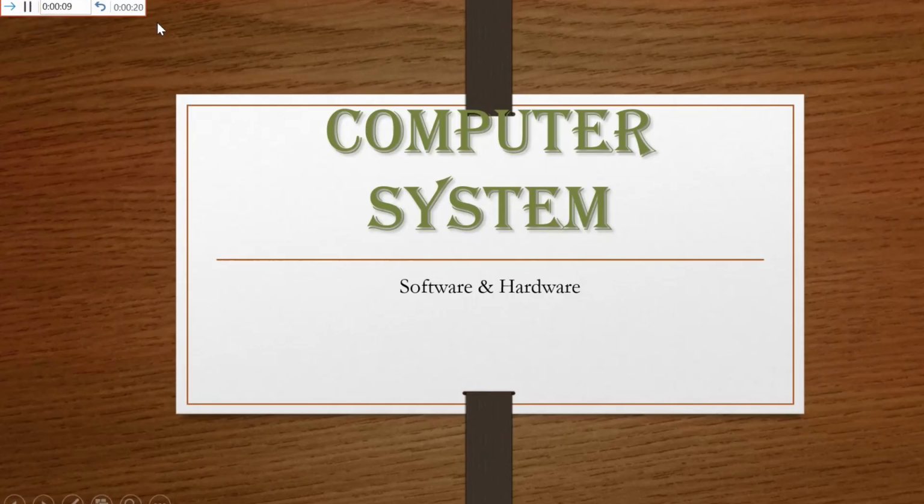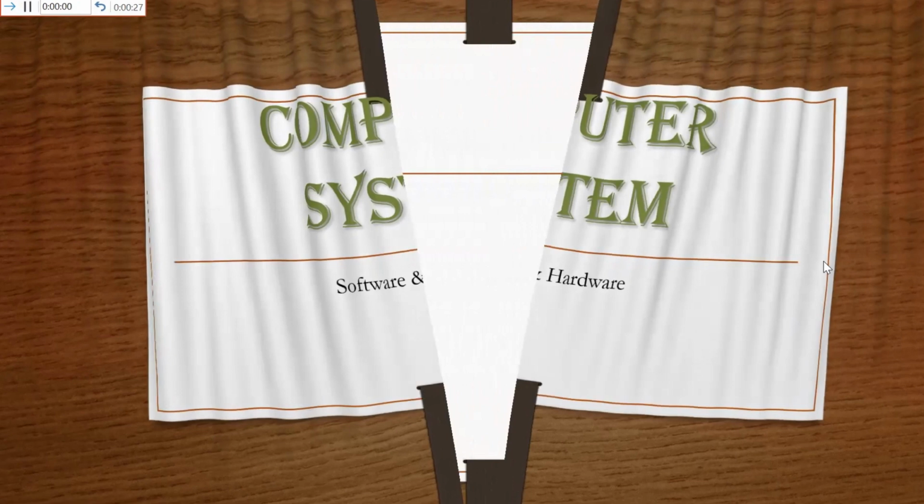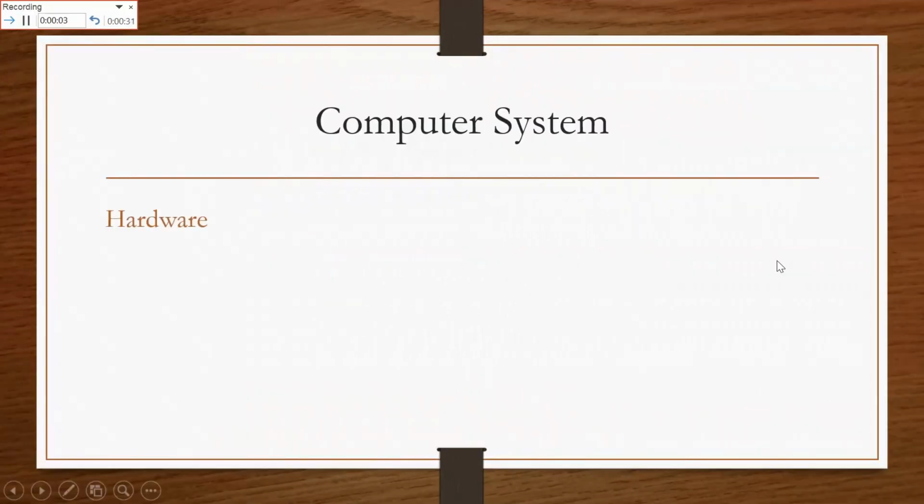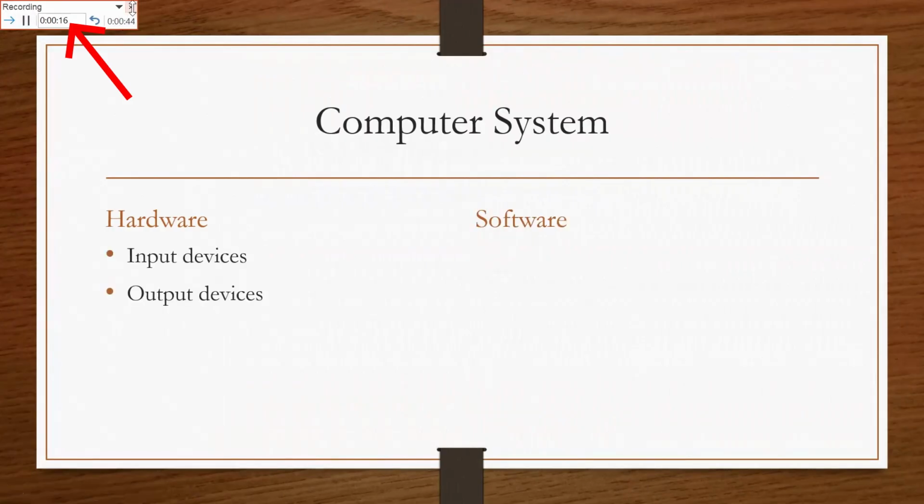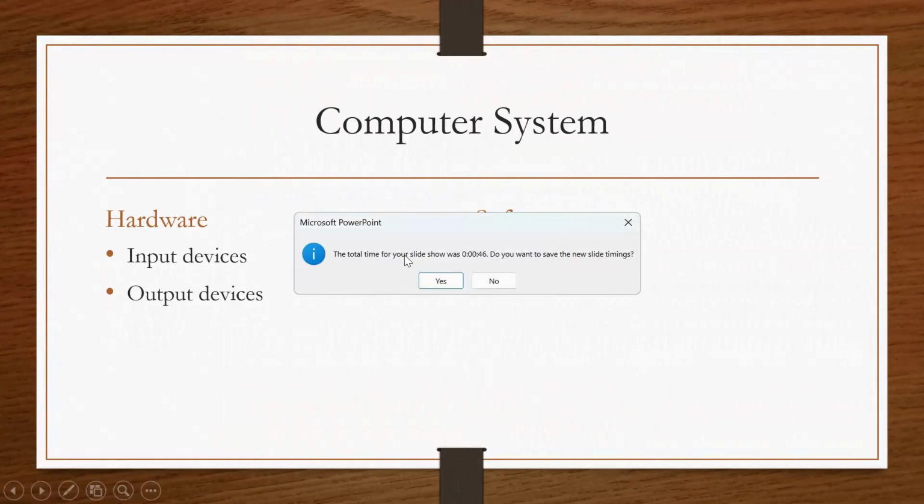You can record your voice and move over the slides. The timing of each item in the slide with the voice over will be recorded. Once you finish, you can close this and it will give you information about the total recording time for the slideshow. If you need to save the new slide timing, press yes.